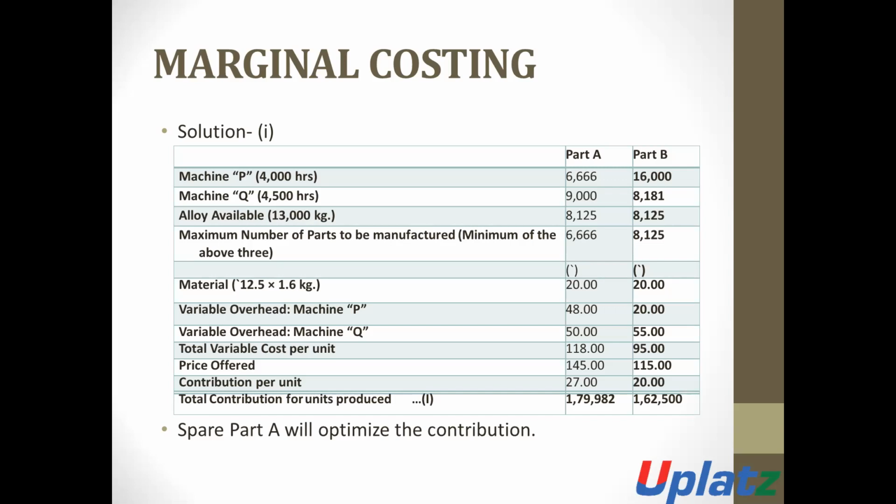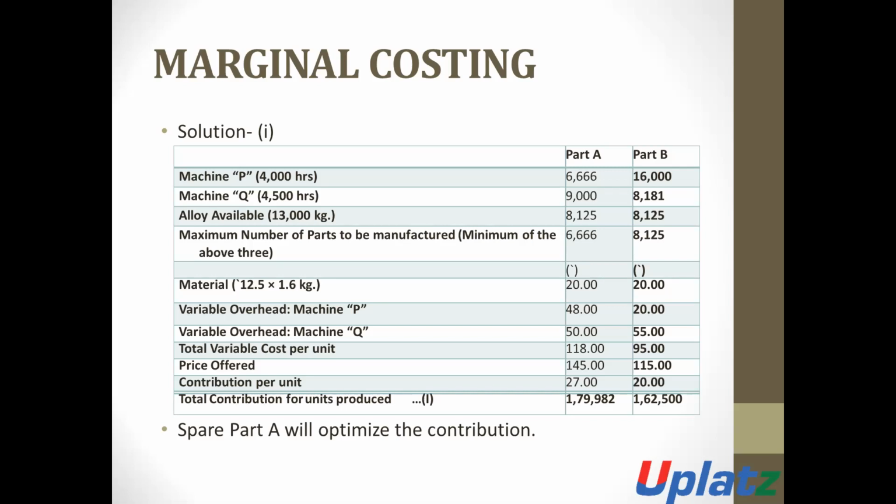Only 13,000 kilograms are available. Then if we use it only for the production of part A, it will produce 8,125 units, and if we use it only for the production of B, it will also produce 8,125 units.